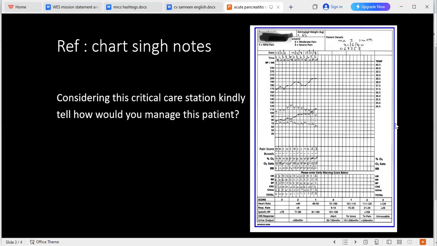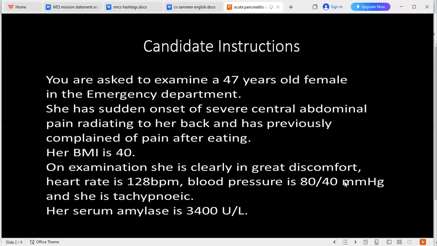Now time's up. Please tell me, considering this is a critical care scenario, how would you manage this patient now? What would be the steps to manage a patient in a critical care environment?